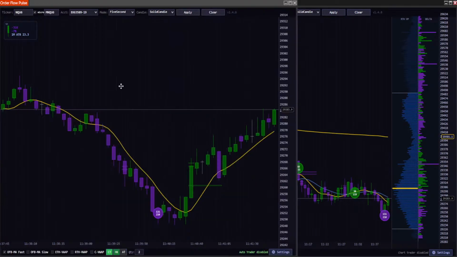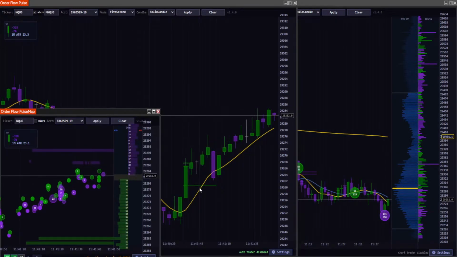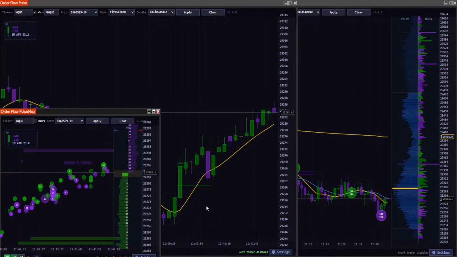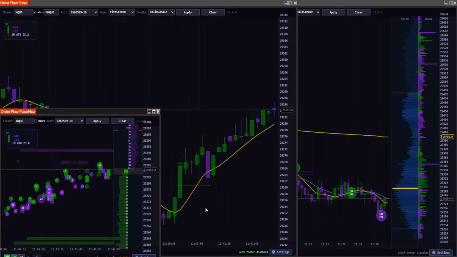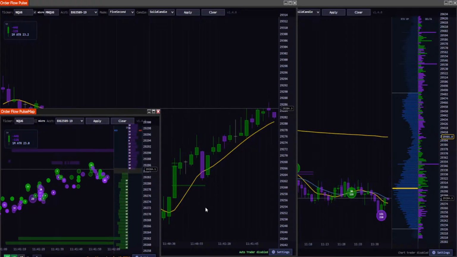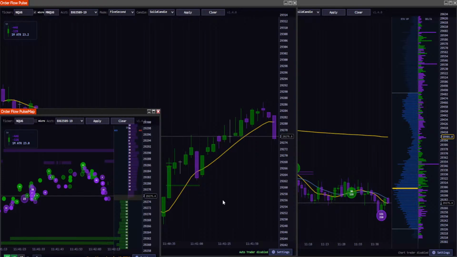That is a trapped seller. And if you did get in on that, you're actually profitable right now. If you didn't get in on that, you just wait for a pullback.